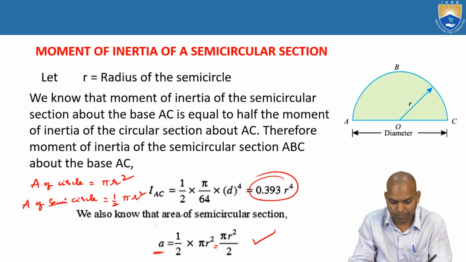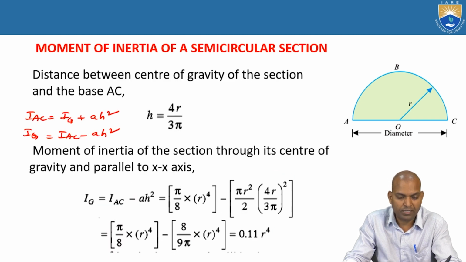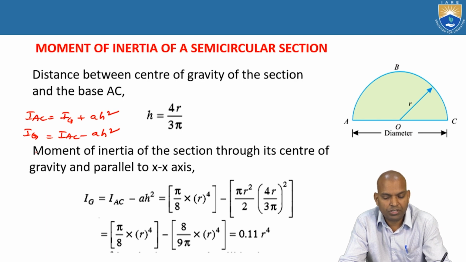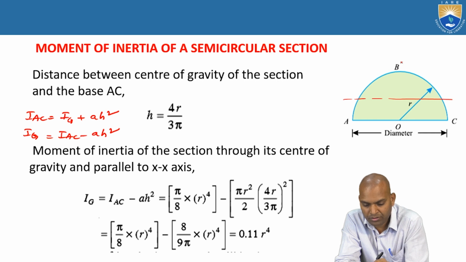Substitute this I_AC, the area pi r square by 2, and h equal to 4r by 3 pi in this equation, and then we will get I_G, the moment of inertia about the centroidal axis of the semicircle.